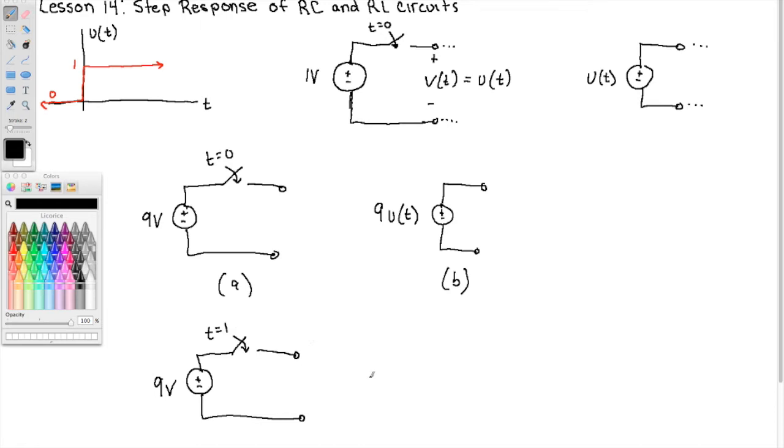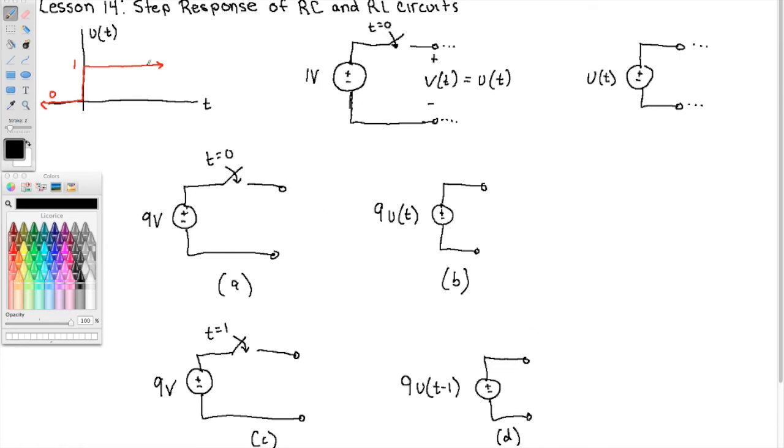That's a delay in time. So our source now is 9 unit step of t minus 1, because subtracting 1 from the input argument shifts the unit step over by 1 unit to the right. Delays it. So picture C is the same as picture D.